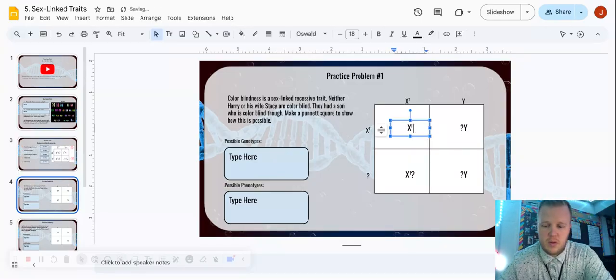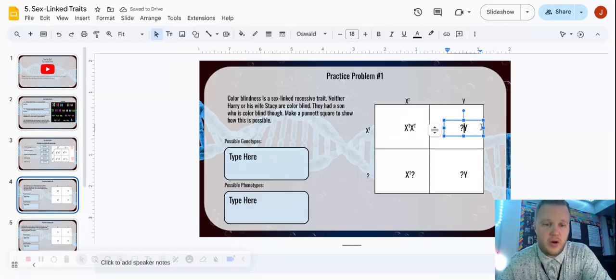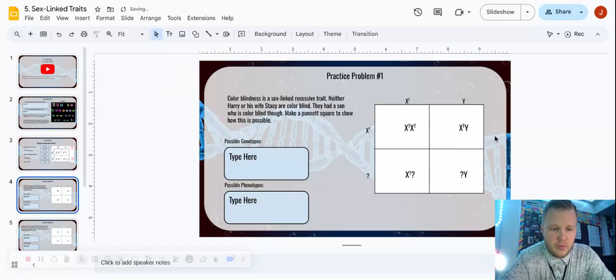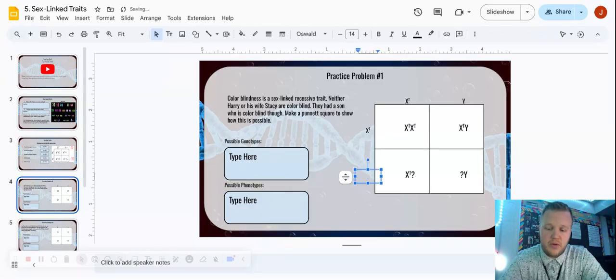So we go through and we can fill out that this daughter would be homozygous dominant. This one, the son, would be not colorblind, would be normal vision. But in order to give it, we have to have the colorblind trait, so we know that the mother must be heterozygous. And so she's got that.